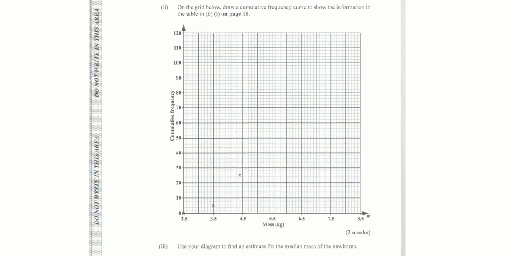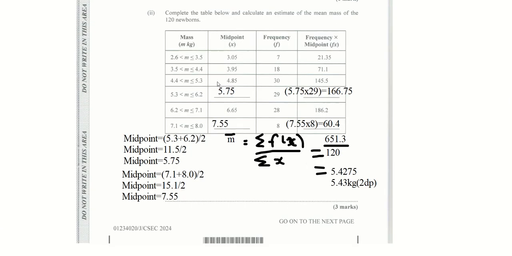The last page tells us, on the grid below, draw a cumulative frequency curve to show the information in the table on page 16. So this is your mass and this is your cumulative frequency. When our mass was 2.5, it was 0 because there's no 2.5 here.